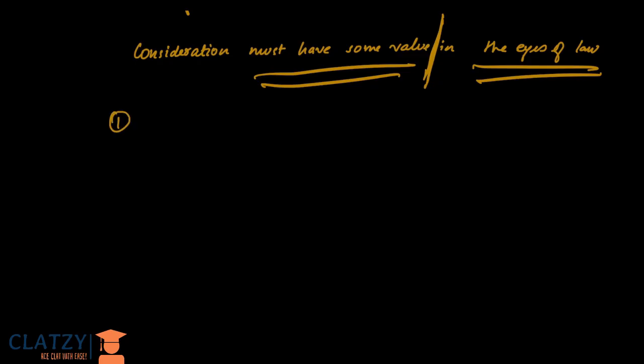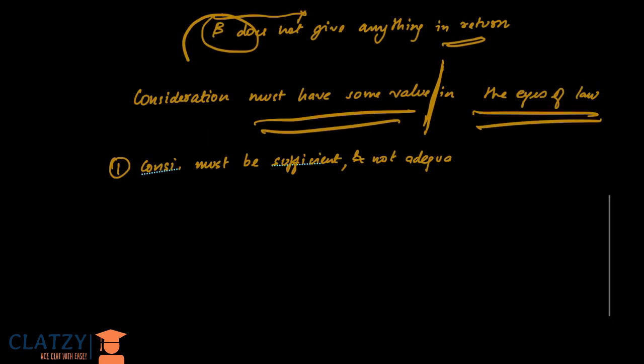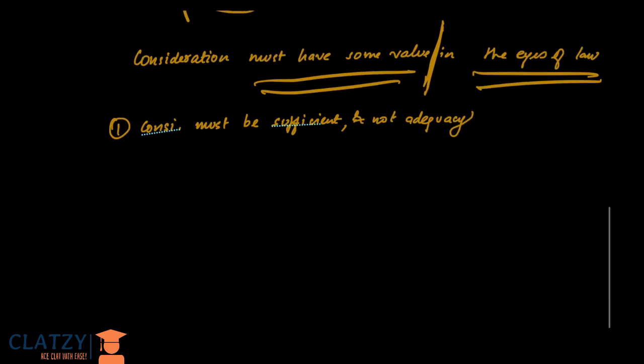It means that number one, consideration must be sufficient and not adequate. The adequacy is not a requirement for the consideration to be valid. Law does not say that the consideration needs to be adequate.